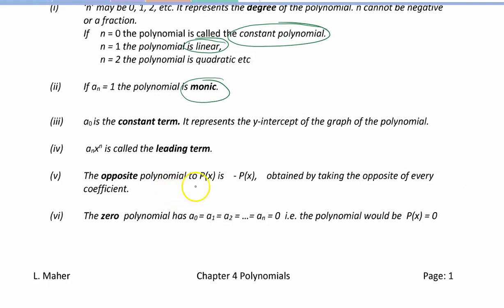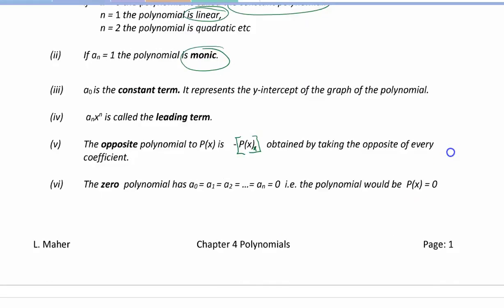The opposite polynomial is just minus all of the polynomial p of x. So it's just like putting a minus and a bracket out the front, and you could produce the opposite polynomial. And the zero polynomial is when all your coefficients are zero. And that's fairly special, so it's actually just zero as opposed to a constant.